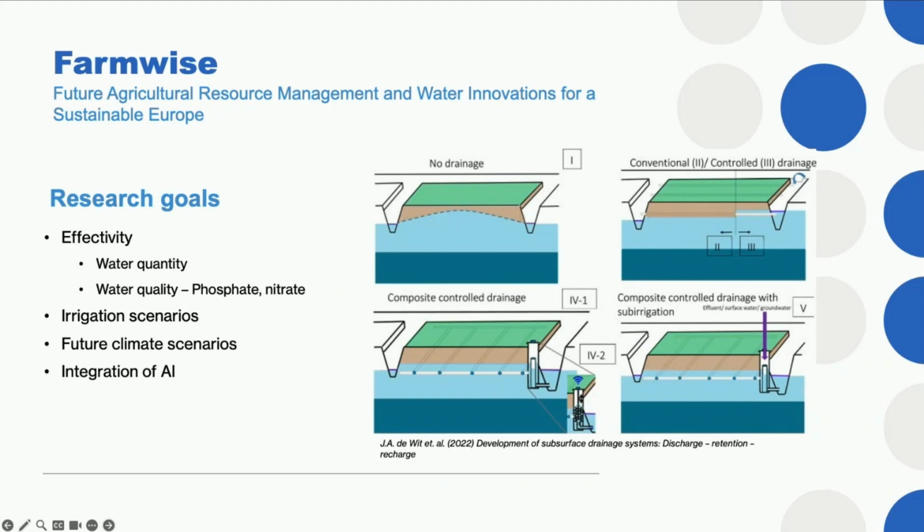What you can also do, and that's being tested in the FARMWISE project, is use the tile drainage to also inject water into the field and thereby create an artificial recharge. One of the questions here is, what's the effectivity of such a system in terms of water quantity, but also in terms of water quality?